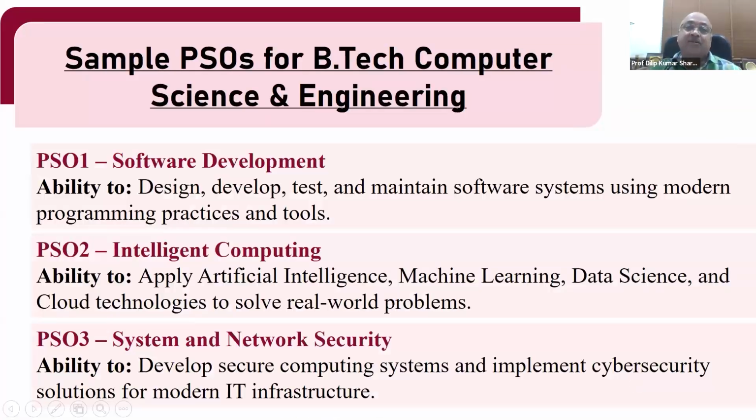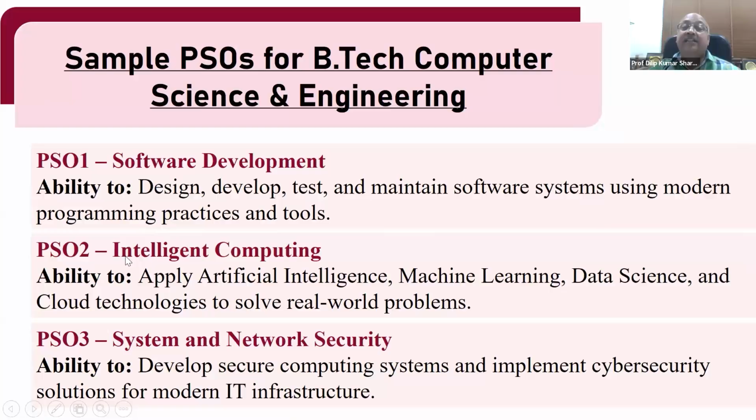So you can see, I took one sample to explain program specific outcome for BTech computer science and engineering. PSO1, software development: ability to design, develop, test and maintain software systems using modern programming practices and tools. That is one PSO.